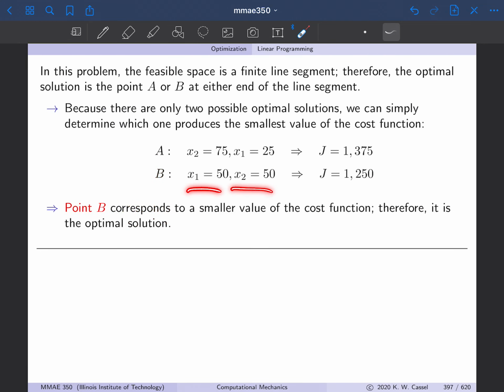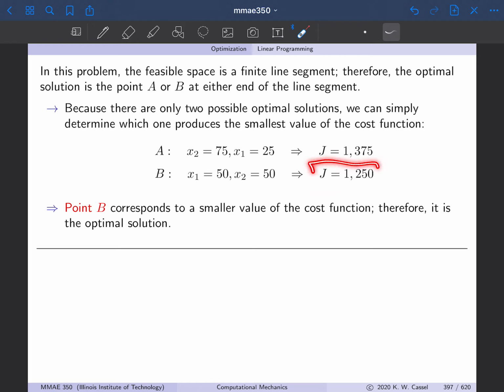When you put in 75 and 25 for x2 and x1, you get J as 1,375. So if our currency is millions of dollars, then this is $1.3 billion to haul these train cars. Then for point B, where we have 50 and 50, you put those into the cost function, you get a cost of 1,250.